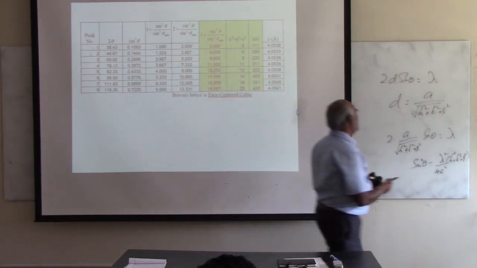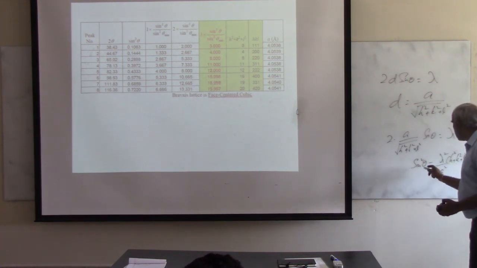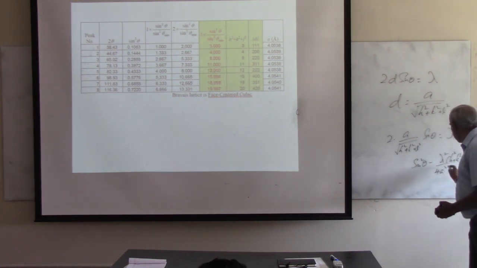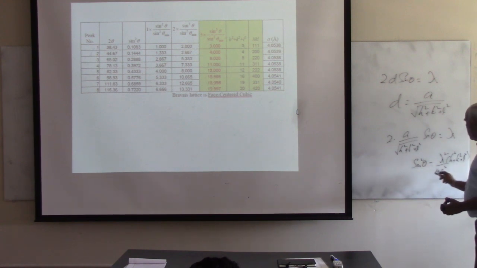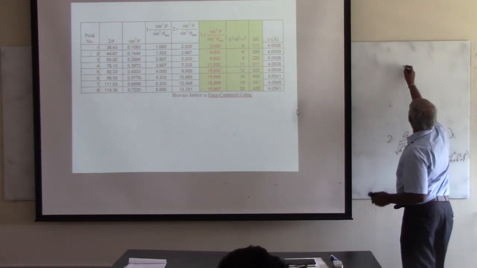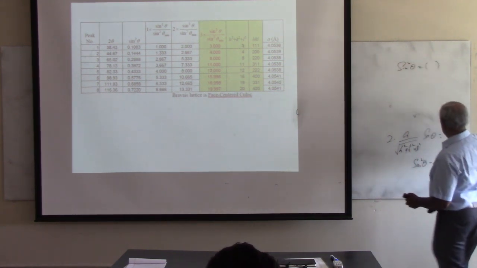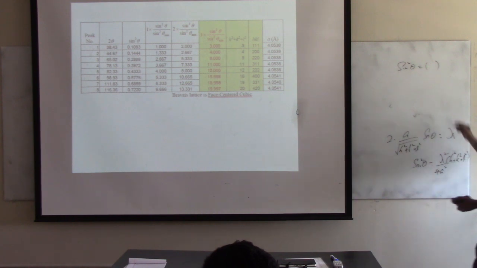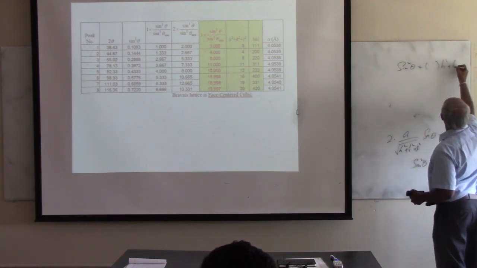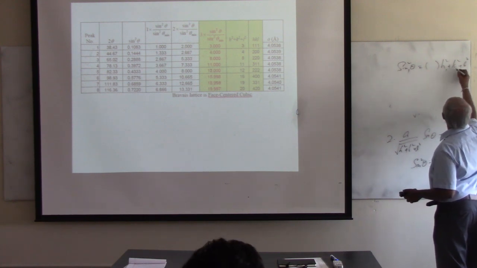If you look at this one, sine squared theta, suppose you take the first value, is some constant times h squared plus k squared plus l squared, where lambda and a are constants. Say this is sine squared theta 1 with its hkl.